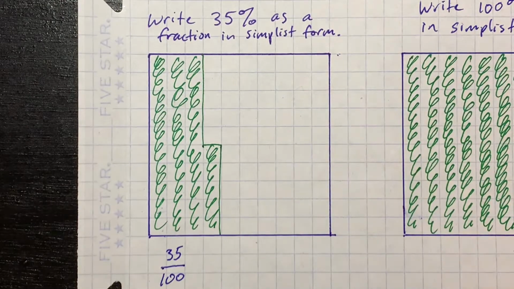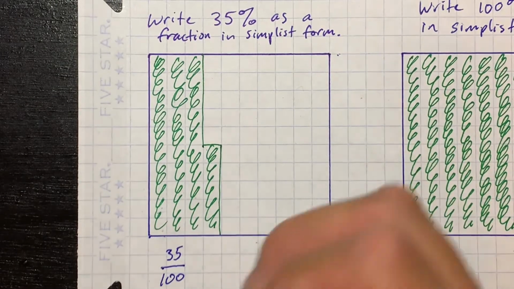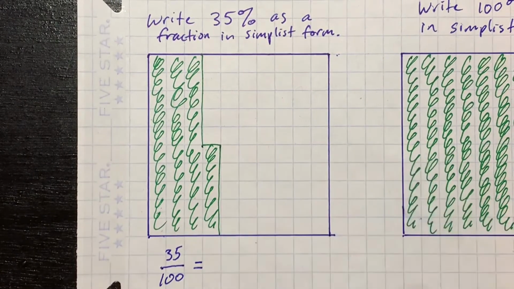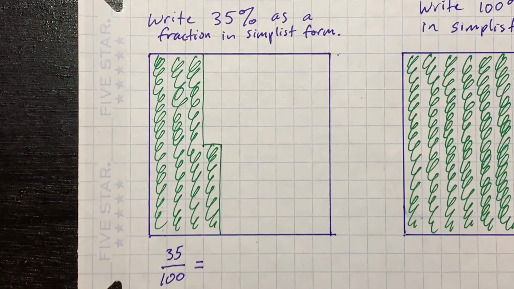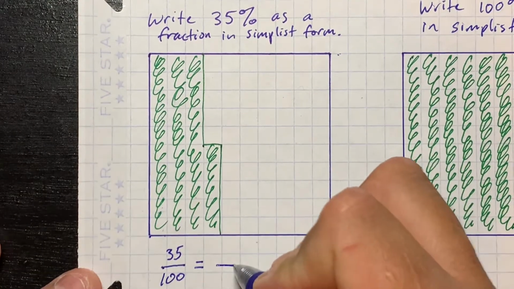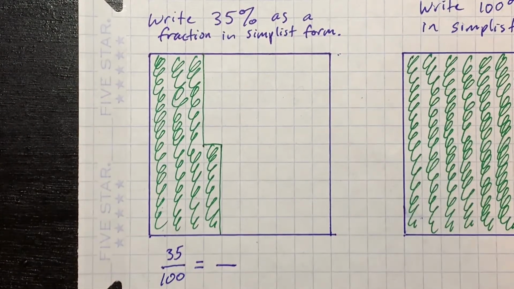So let's think to ourselves, if we have 35, how do we reduce 35? Well, we're looking at equivalent ratios or equivalent fractions. We want to think of a number that can go evenly into both 35 and 100. The number that comes to mind is 5.